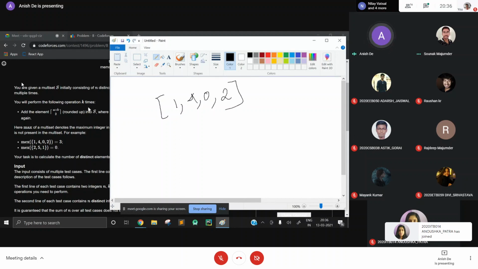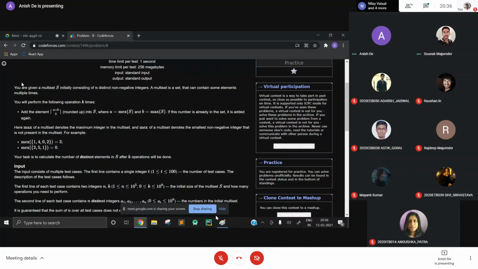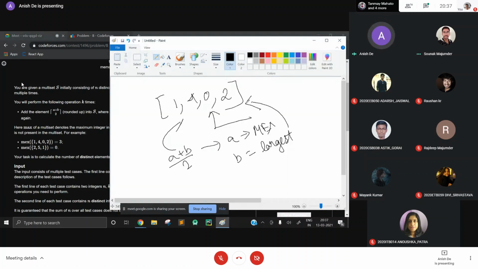It is saying that you are given this multiset and every time you have to add ceil of (a plus b) by 2 to this multiset, where a is the mex and b is the largest number here.